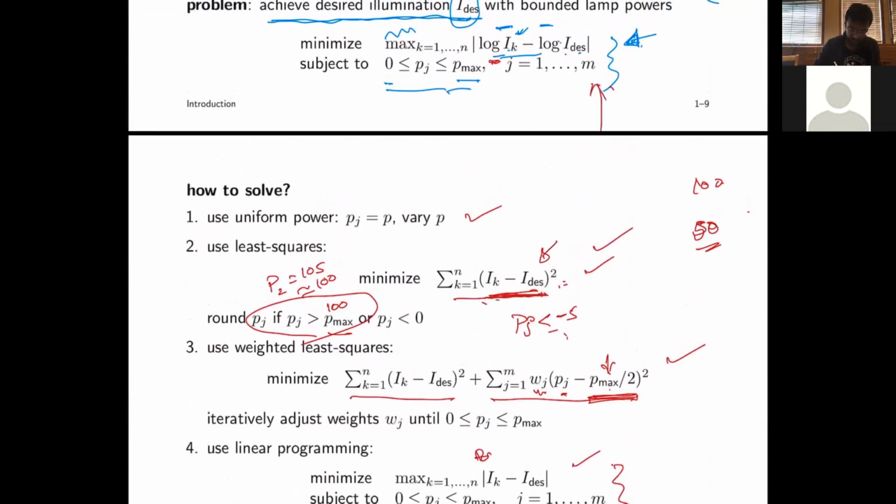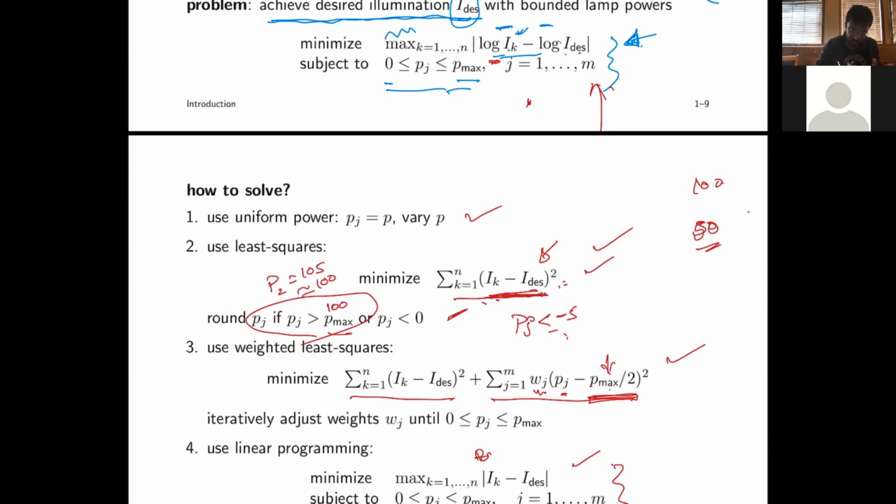I'm not saying that this will give the exact solution. This is just to make you aware that there are different approximation approaches.